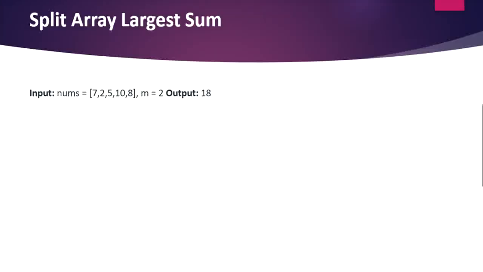So logically, if you think of this problem, the minimal maximum sum is going to be 10. That is the highest value in the given array. M can be any number, that is you can split this array any number of times, but the minimum largest sum you're gonna get is 10.